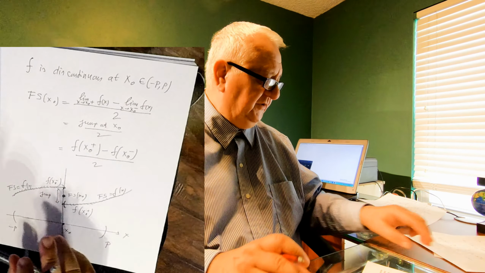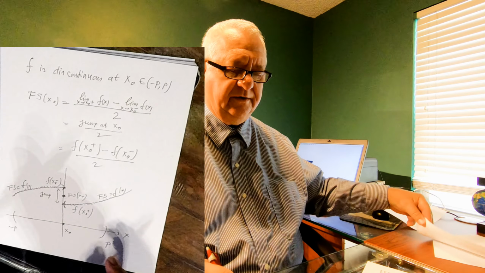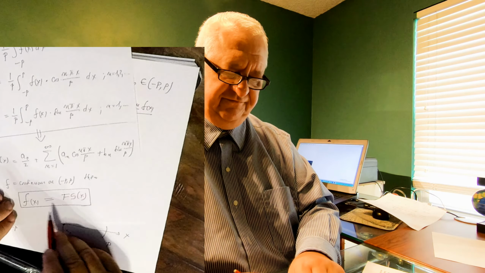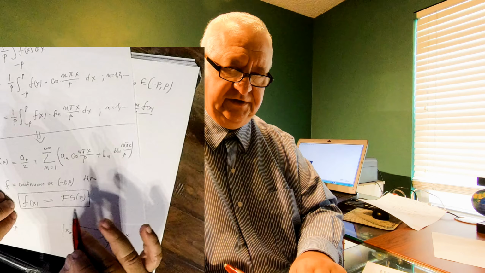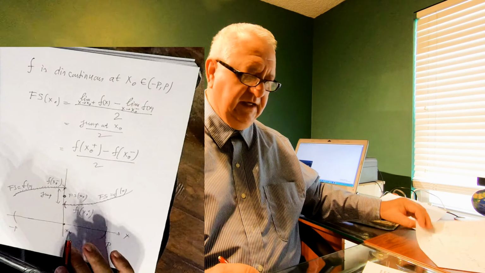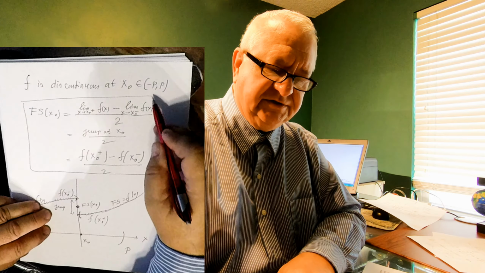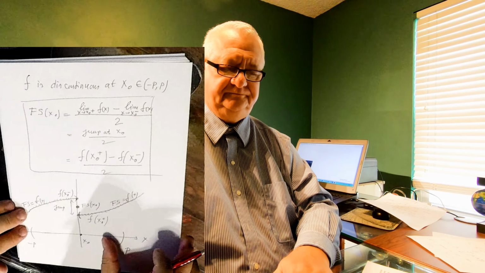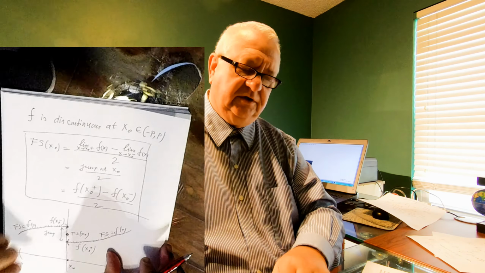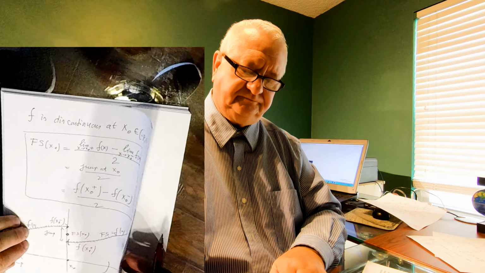That's the whole thing. So the two formulas you need to know are just the function is identical to the Fourier series where the function is continuous, and this formula where the function is discontinuous. That's all. And I'm going to work a tricky example with you.